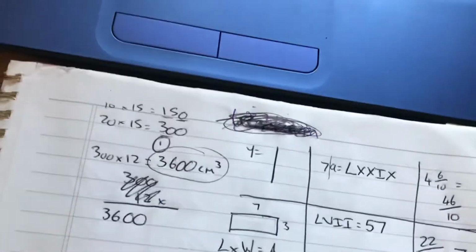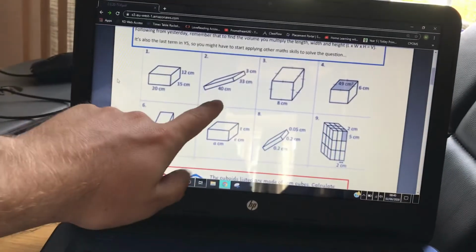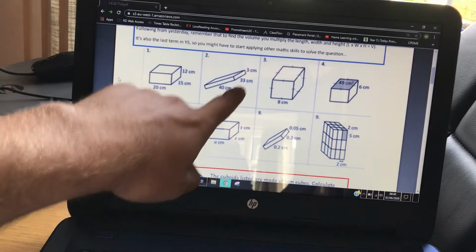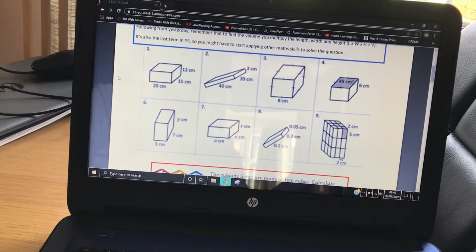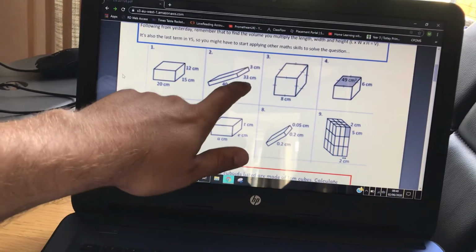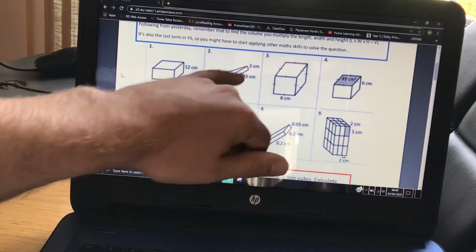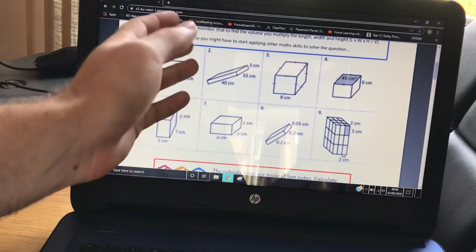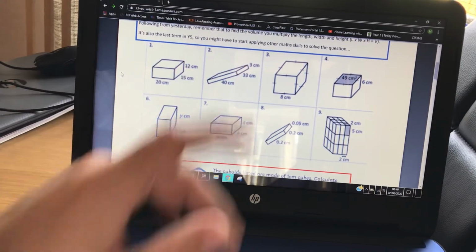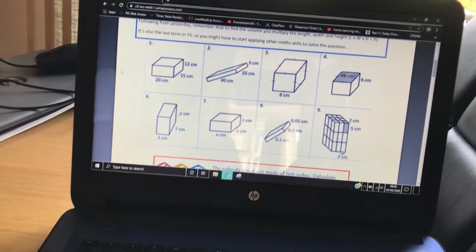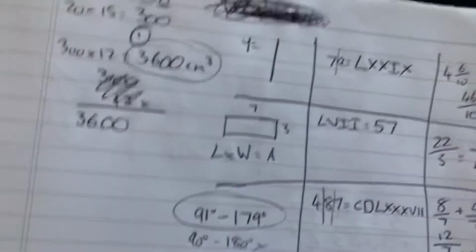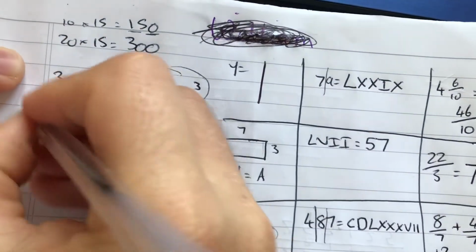And the next one, we've got 40 by 33 times 3. Well, again, I can do 33 times 3 in my head because it's just 3 times 3 twice. 33, you double it, you triple the 3, 3, 6, 9. So I've got 99. Okay, so the second one.